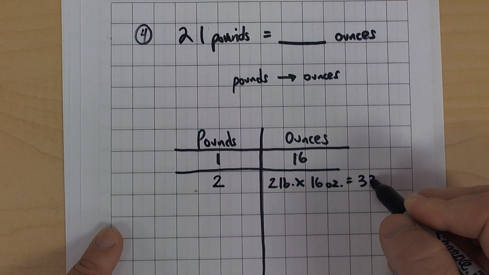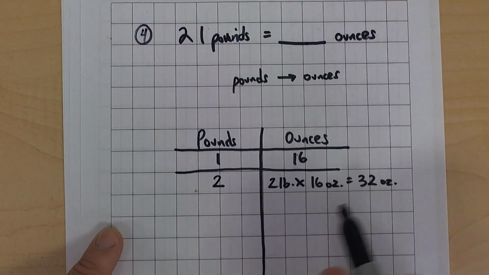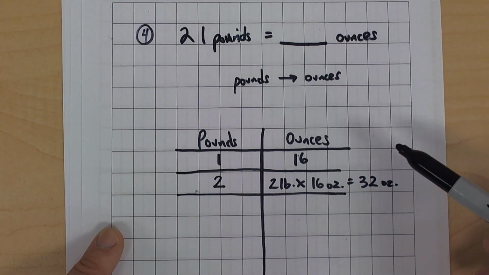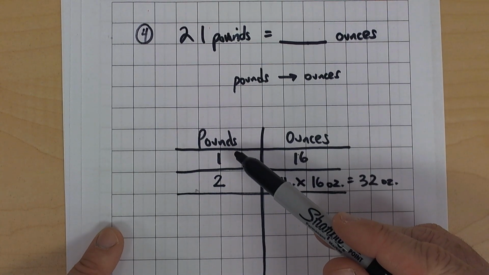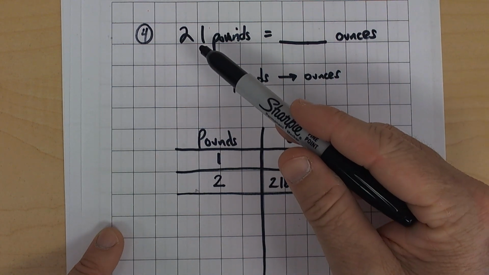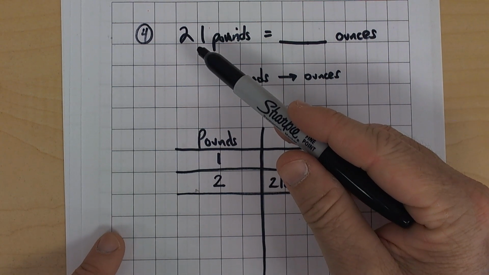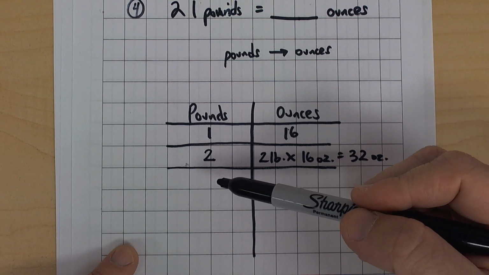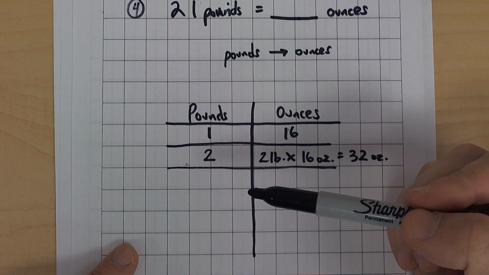And I know that's 32 ounces. Okay. So now I am being asked to find 21 pounds. So I do not need to go down and do 3, 4, 5, 6, 7.